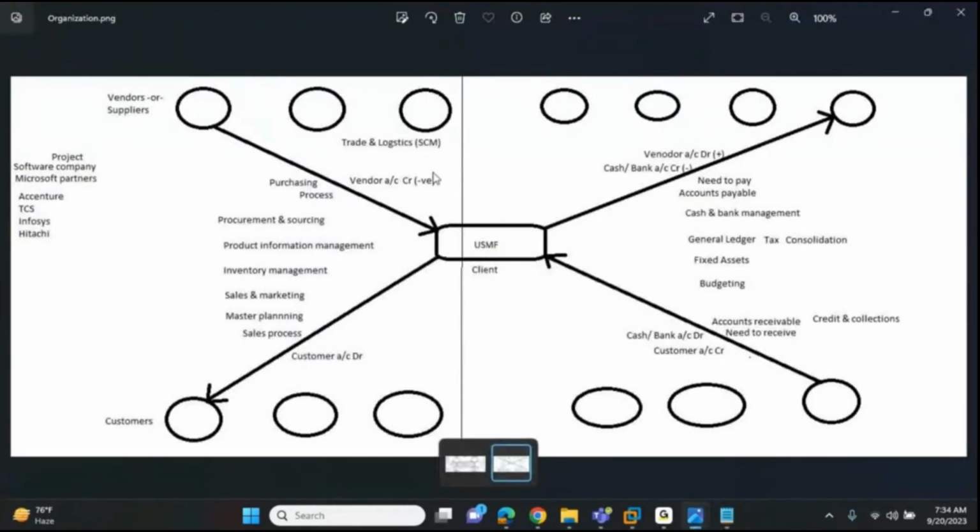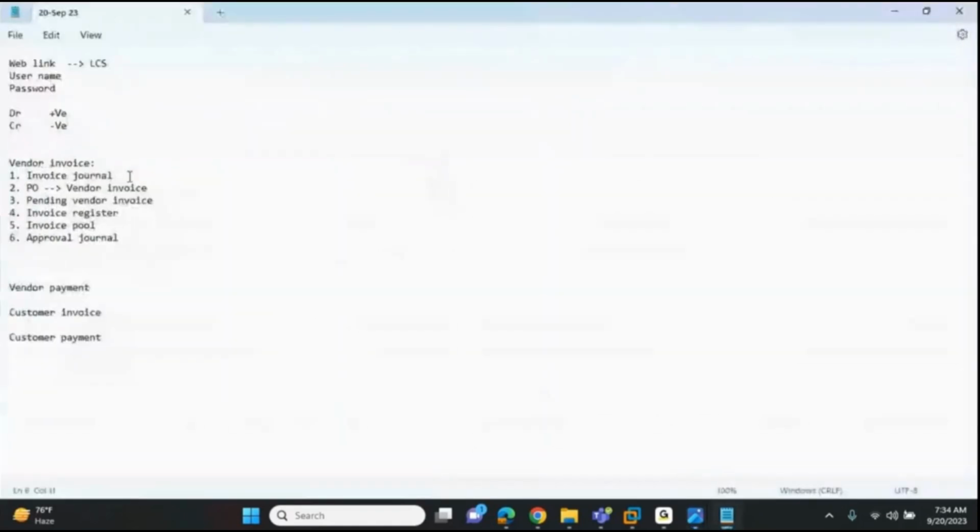So whenever you are doing a vendor invoice, you are entering a negative value because it is, in Telugu, called appu. Because I need to pay money. So at the time of invoice, the vendor account will be credited, negative.